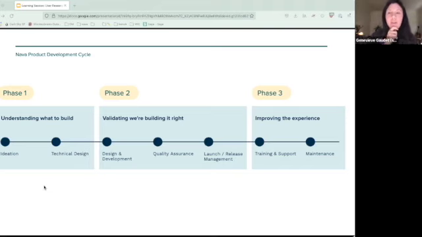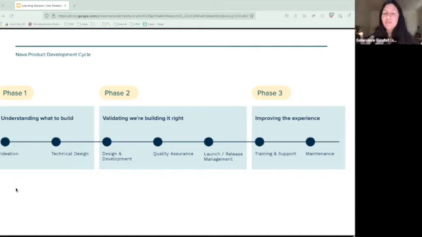You can think about them as in the first phase, we're really understanding what to build. So this might be a phase where you have a problem facing your program or facing your clients or even your staff, but you're not quite sure how to solve it yet, not sure what we're going to build. In phase 2, there are some methods we'll talk about for making sure that we are building the thing correctly.